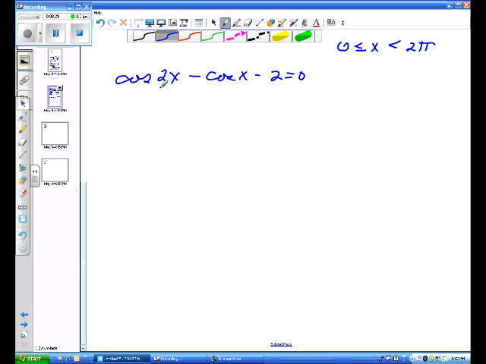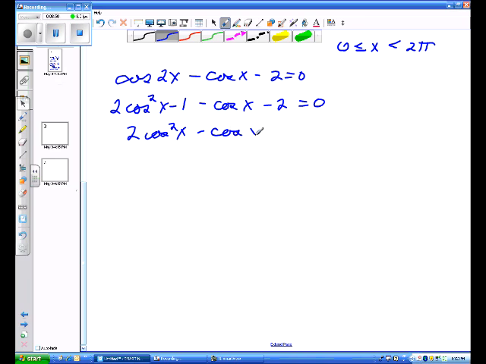Well, since my other term is cosine, I'm going to use the 2 cosine squared x minus 1 minus cosine x minus 2 equals 0. Combining my like terms, I have 2 cosine squared x minus cosine x minus 3 equals 0.